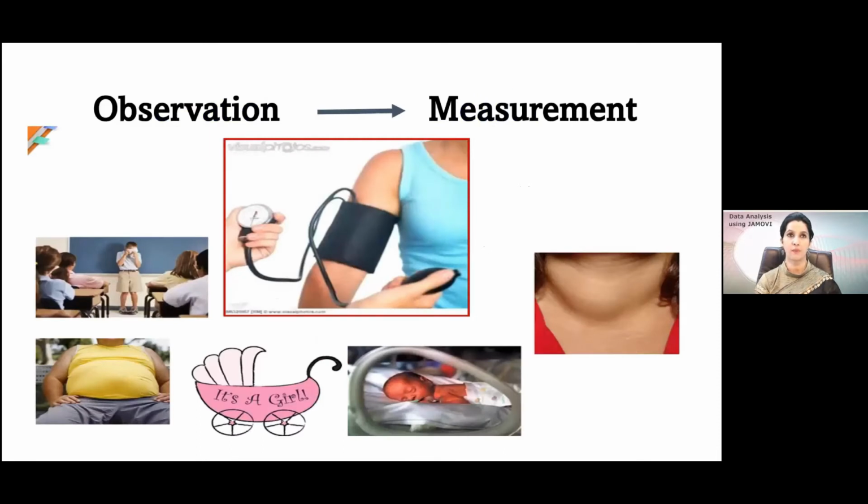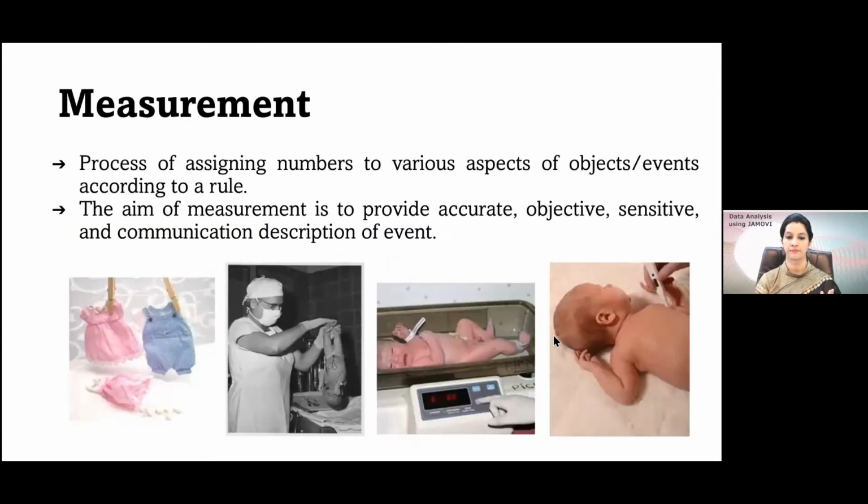Basically, whatever we measure is an observation. We can measure blood pressure; in this case, through some emotional tool, we can measure the emotional quotient of the patient; we can measure obesity, the weight of the baby, or thyroid enlargement. Everything is a measurement.